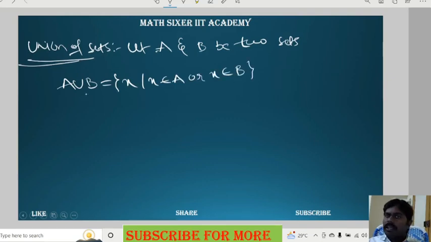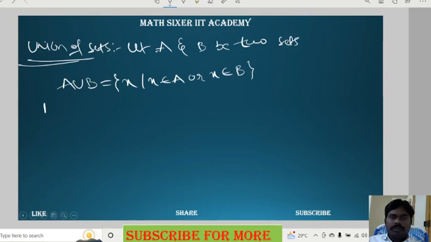That means the collection of all the elements which are in A or which are in B or which are in both, meaning A and B. Okay, once again I repeat, the collection of all the elements which are in A or B or in both. So here we can write like this: A union B is equal to {x such that x belongs to A or x belongs to B}.